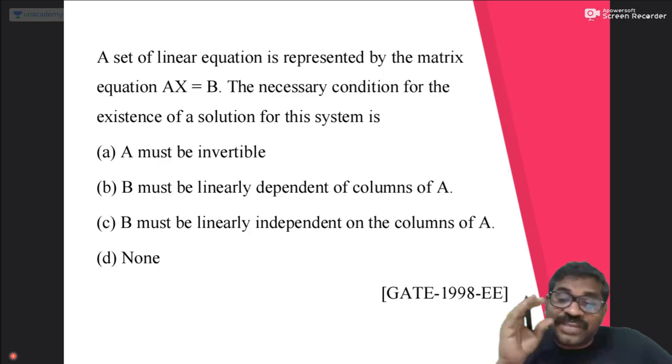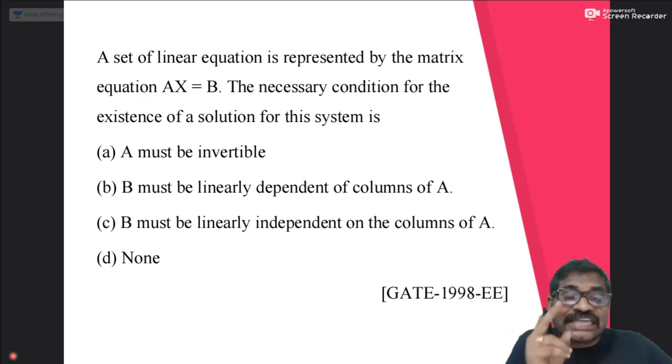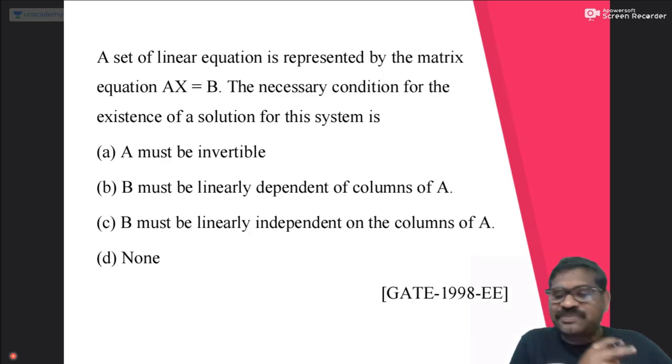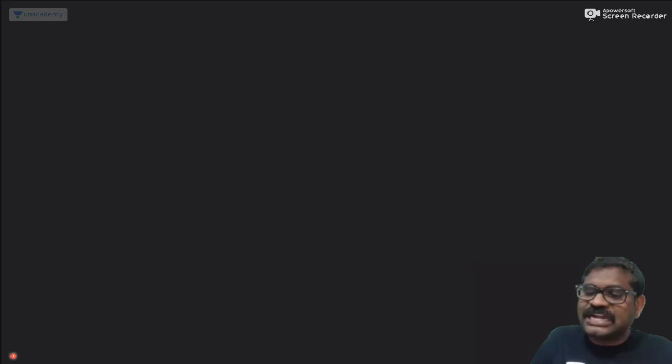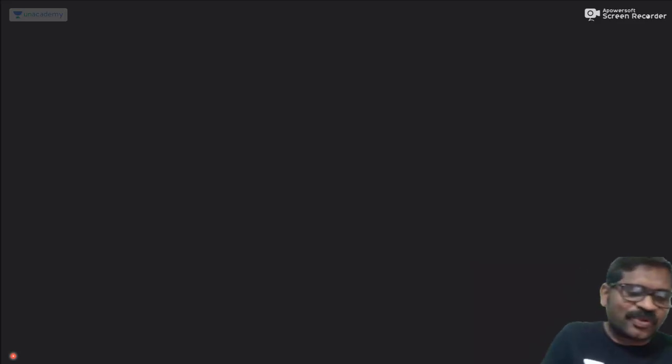Set of equations represented by matrix equation Ax equal to B. While I am explaining, concentrate here. The necessary condition for the existence of solution for this system. Okay. It is a non-homogeneous system.